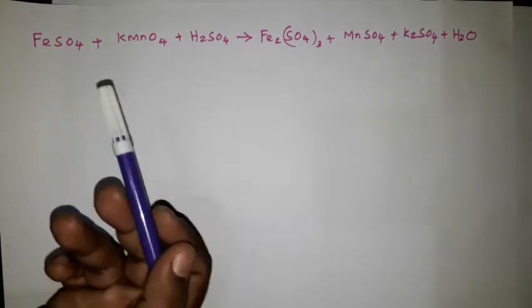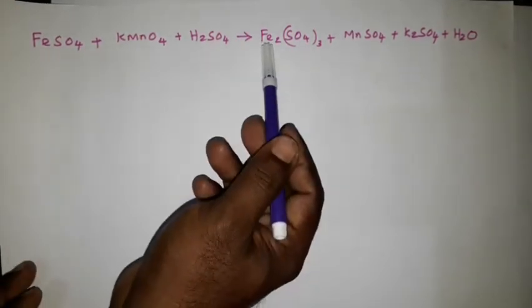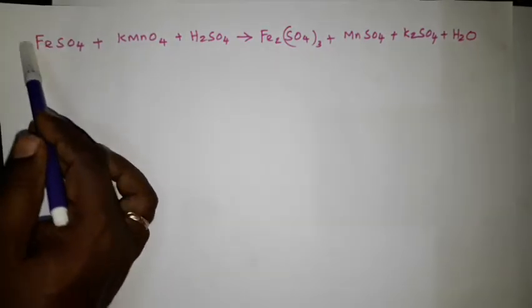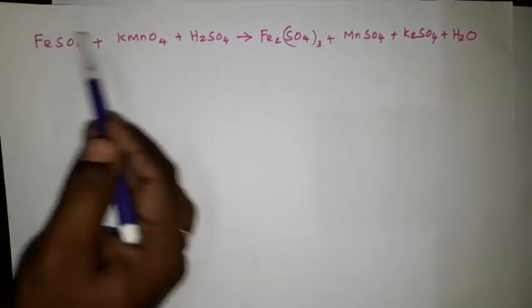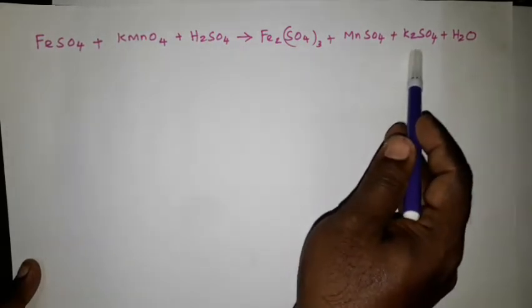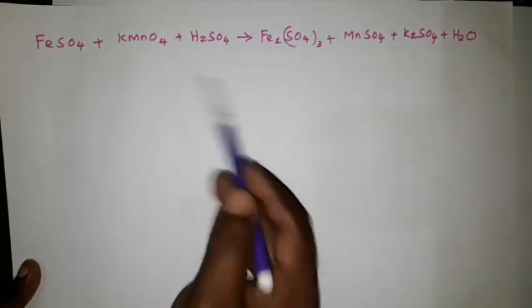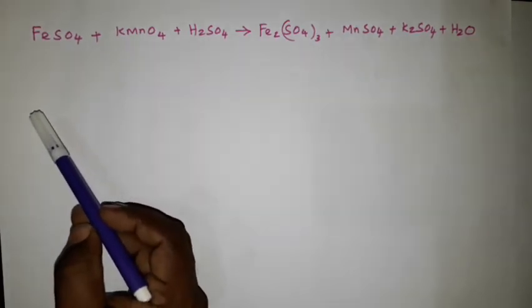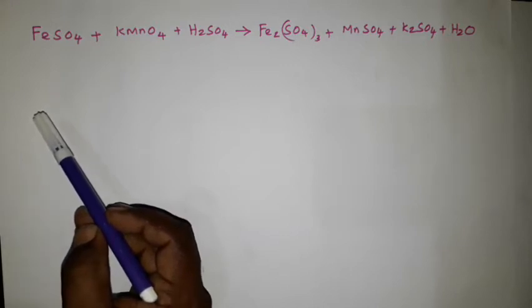Normally we would balance like this: Fe has 2 atoms here and only 1 atom there, so we put 2 here. Then potassium, 2 K is there, so we add 2 here. This is the normal balancing method. But here we are going to use oxidation number.